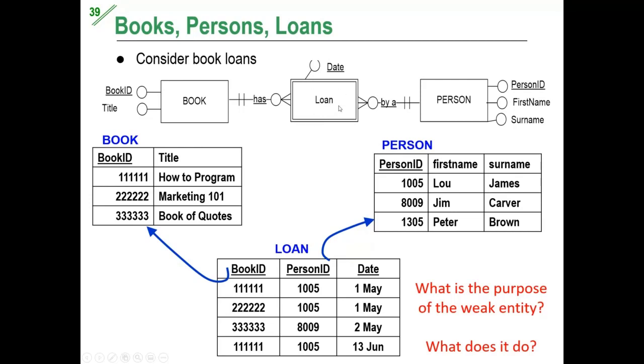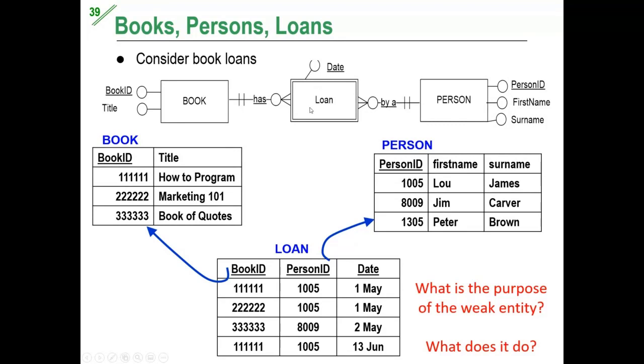The loan entity's main purpose is to find out which person borrowed which book. And in this case, we have a date, but it is underlined. What do you mean by the underline in this case? This is still a weak entity, but it has part of its own identifier, called date.